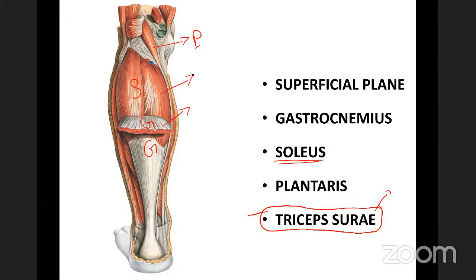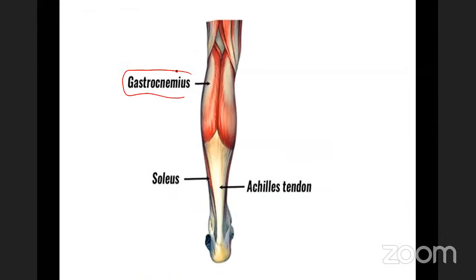Now, the gastrocnemius has two heads. This is the medial head of the gastrocnemius, and this is the lateral head of the gastrocnemius. The lateral head is accompanied by one more muscle, which is the plantaris. Now the gastrocnemius muscle joins with the muscle underneath, the soleus, and it forms the triceps surae.